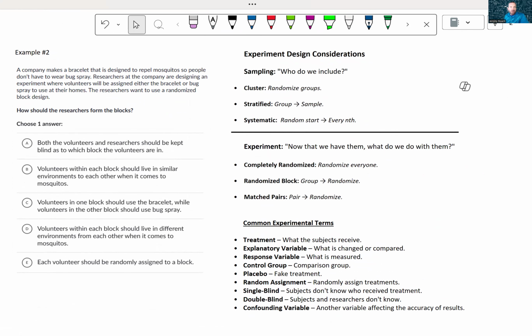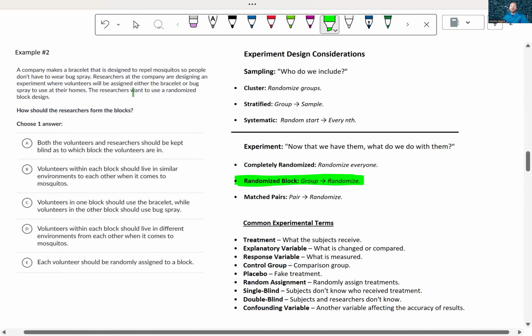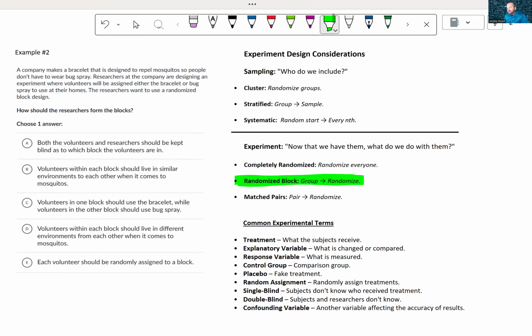And the researchers want to use a randomized block design. So the randomized block design means we're going to group participants and then randomize them. How should the researchers form the blocks is our question. So we're going to go through these different answer choices here.